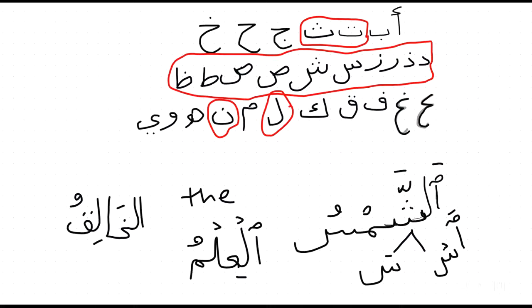Okay, so this is Hamzatul Wasli, and the lam has sukun because it is followed by a moon letter. You're leaving out the lam.